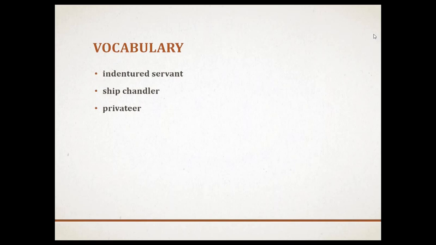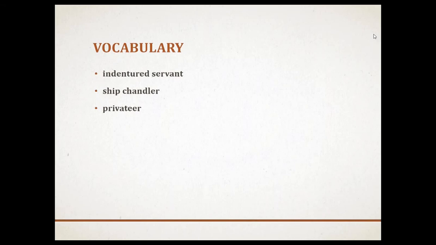Okay. Justin Mapes, do you want to do the ship chandler? Yeah. Can you hear me? Okay. Ship chandler, I think, is like where they get all their supplies for the ships, where they buy everything and get all the materials and tools and whatever that they need. Is that accurate? Yeah, exactly.